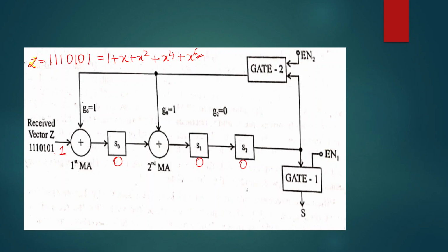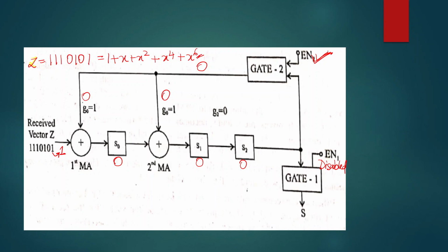Assume that now the first bit 1 enters. When this 1 enters, this gate is disabled now, and this is enabled, switched on. So this 0 goes. The last entry of S2 will enter over here. So here you have 0, here you have 0.